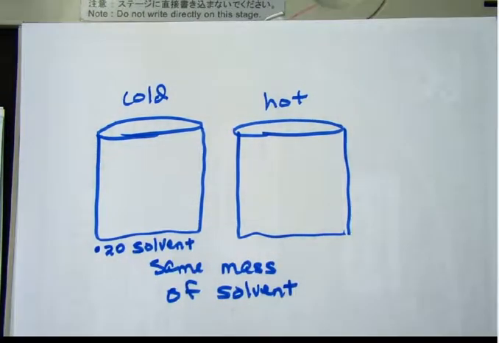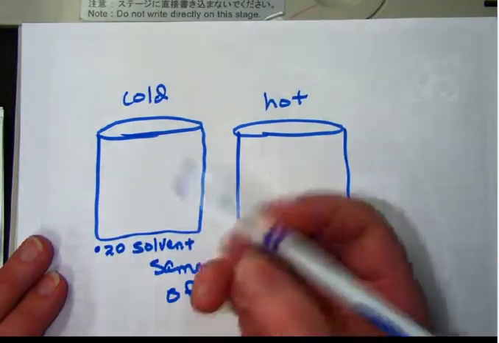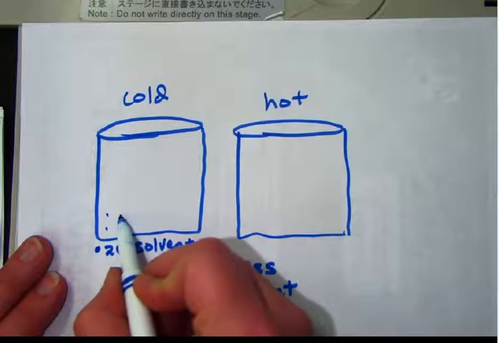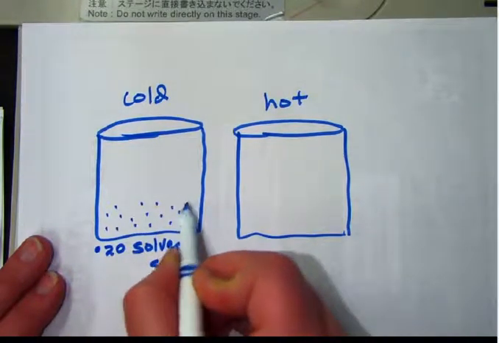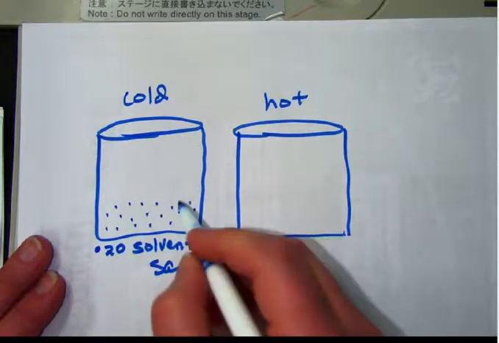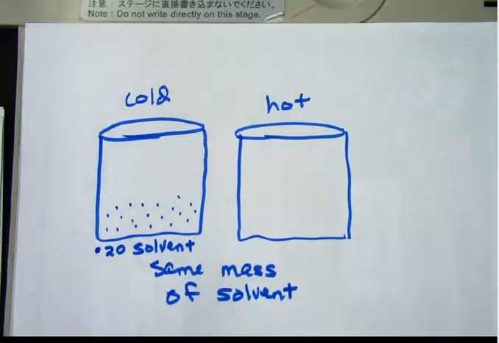And since it's cold, my particles are moving slower and they're closer together. Now, they are taking the shape of the container. They are not crystal. They're not in a rigid pattern. And they are all about the same distance away from each other.